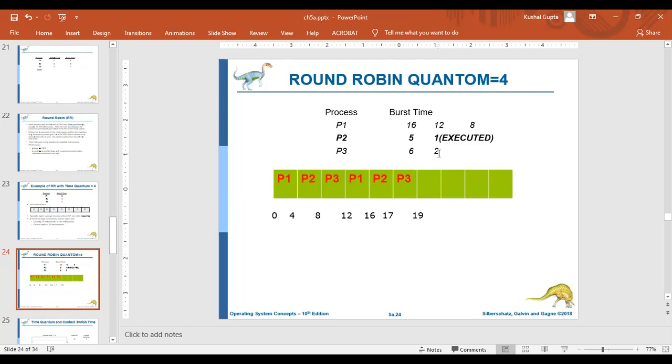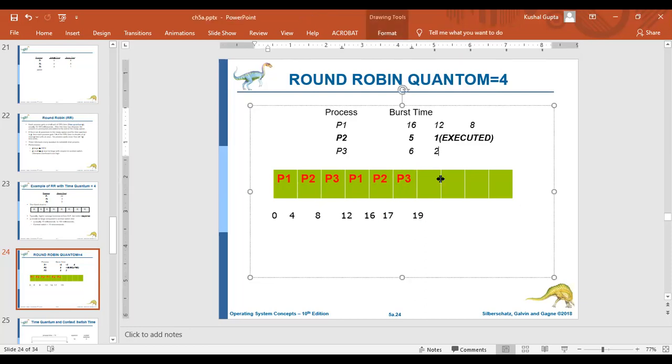It can run up to maximum 4 units of time. Suppose now it is completely executed. I am changing some scenario. If let's say it was not 6, it was 9 in the beginning. So after execution, it will be remaining 5.